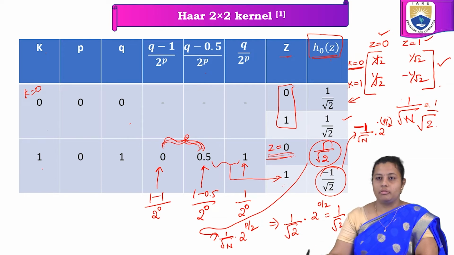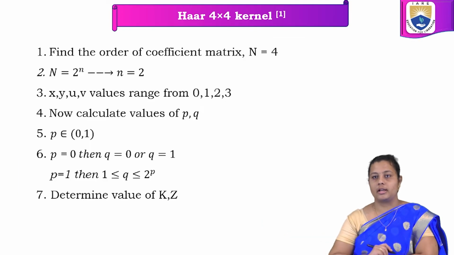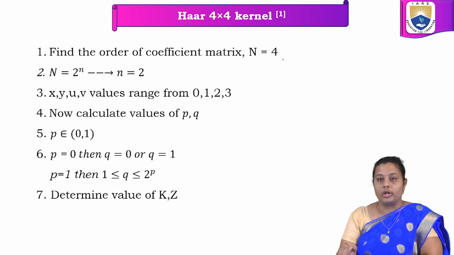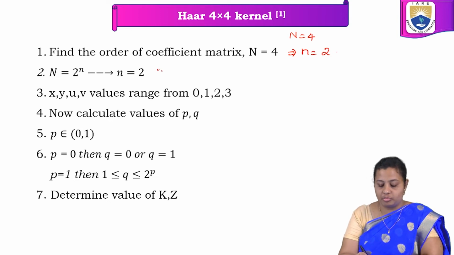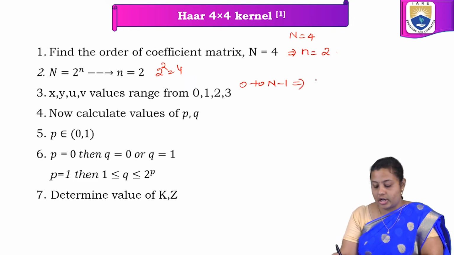For order 2. Let me go and make it a little complex and calculate for order n equal to 4. So when capital N is equal to 4, which implies that small n is equal to 2, since 2 power 2 is equal to 4. Now, x, y, u, v values are ranging from 0 to capital N minus 1, which implies that the values are 0 to 3.